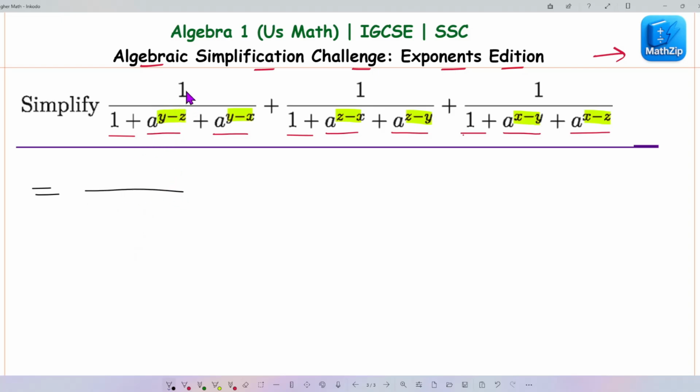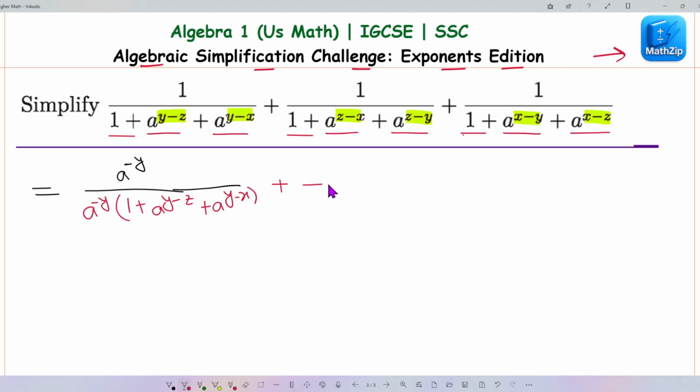Here we can multiply this fraction by a to the power minus y. So what will happen? Look, a to the power minus y, then here is 1 plus a to the power y minus z, then plus a to the power y minus x. This is the first fraction.